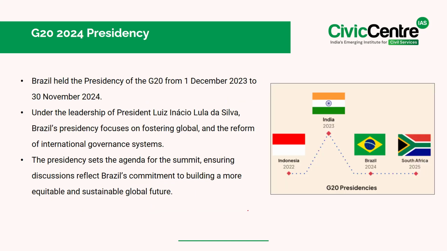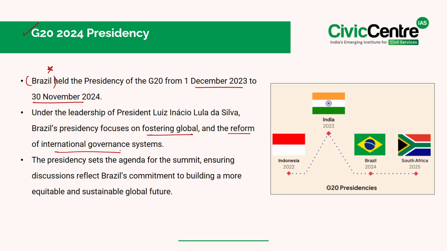Now, talking about its 2024 presidency, see, Brazil held the presidency of the G20 from December 1st of 2023 to 30th November of 2024. Know that Brazil's presidency focuses on fostering global reform of the international governance system.